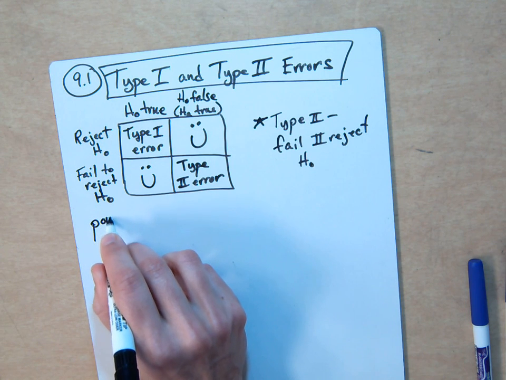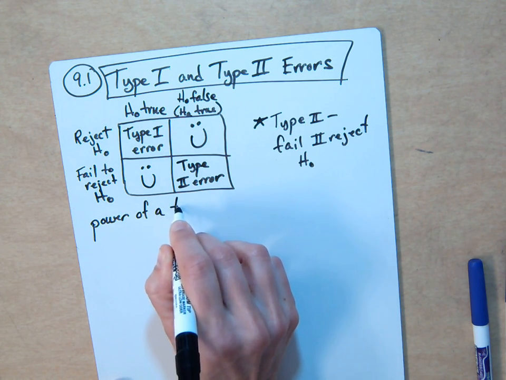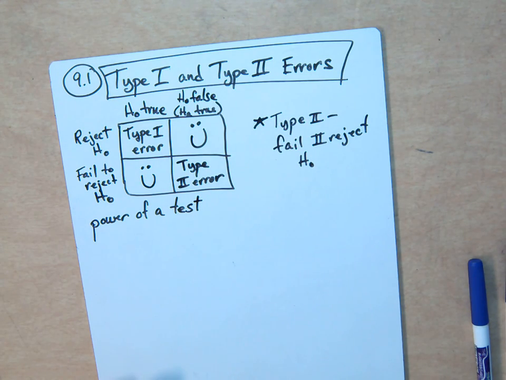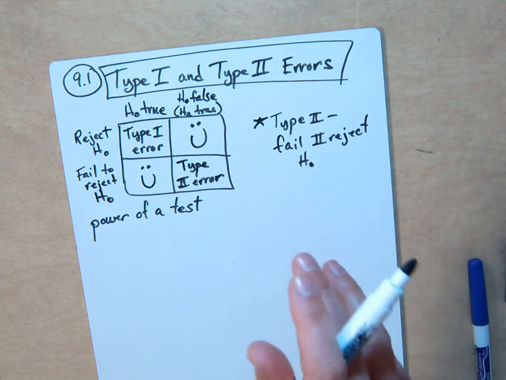A couple of definitions for the power of a test. For example, if 0.87 is the power of a test, there's an 87% chance that you'll reject H naught at the chosen significance level.